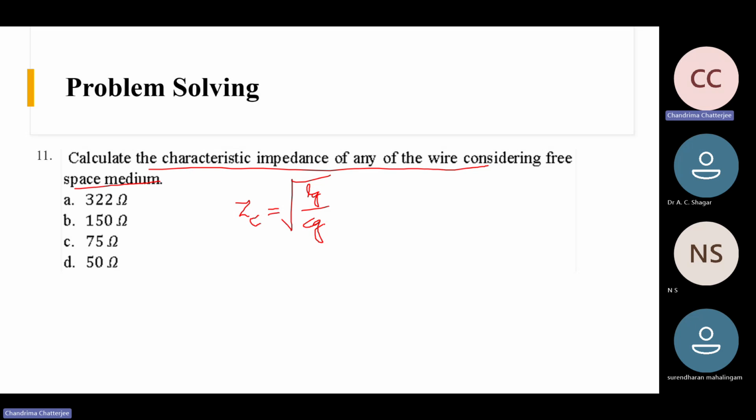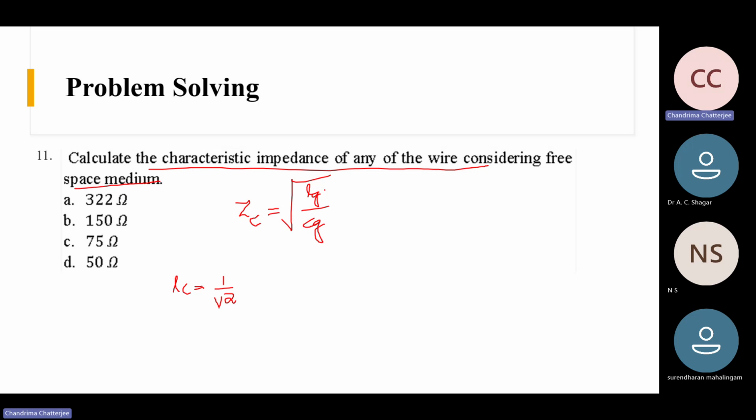See, earlier, if you remember, we told that LC is equal to 1 by C square, right? So you may say that instead of CG, I can just write this, so this will be LG times C, right? C is the speed of light. Let's not write it C because we are also denoting capacitor as C. So let's write it V.